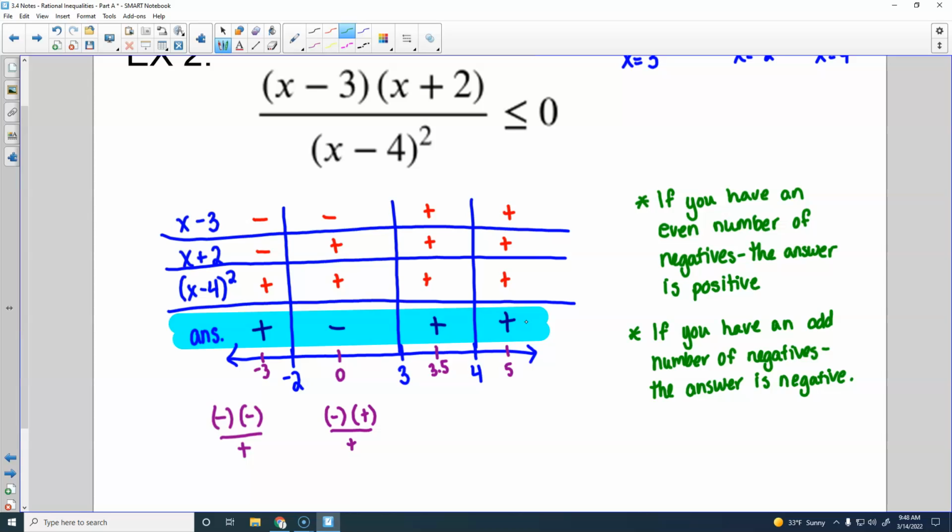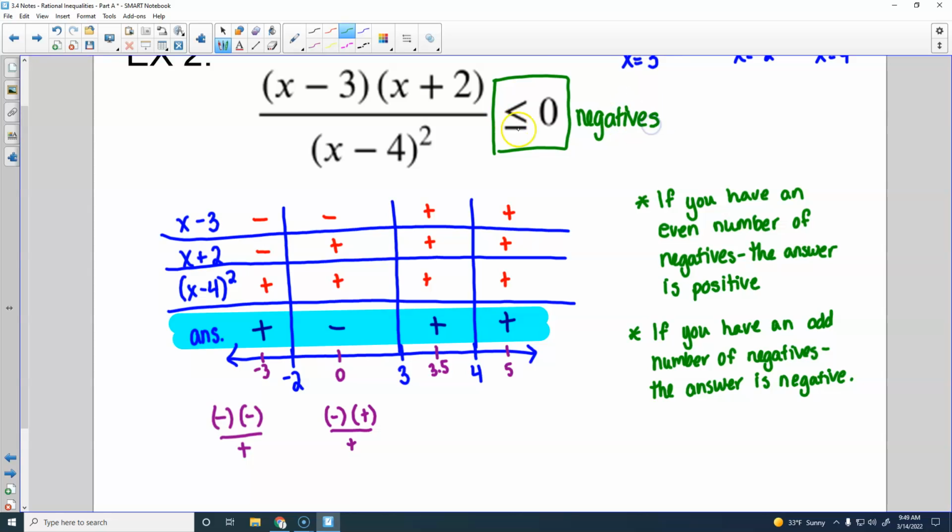All right, now let's talk about what the answer actually is for this. If I look back at my original problem, I've got less than or equal to 0. So am I looking for positives or negatives as my answer? Negatives.